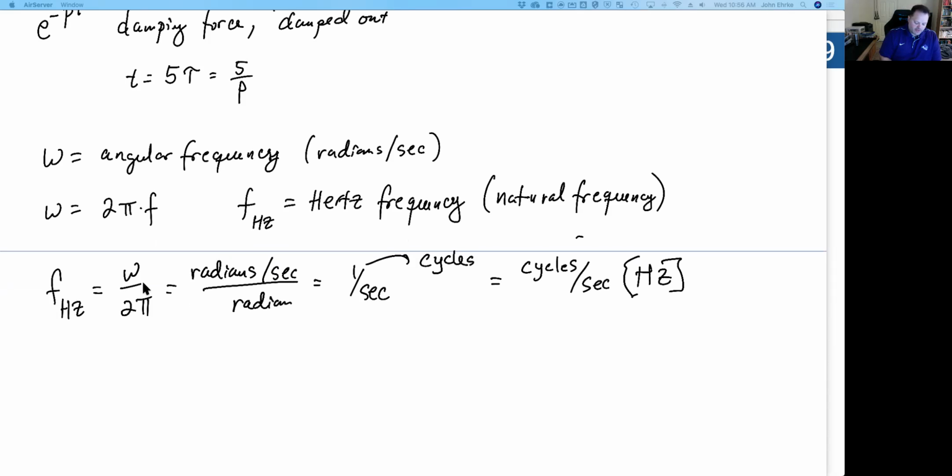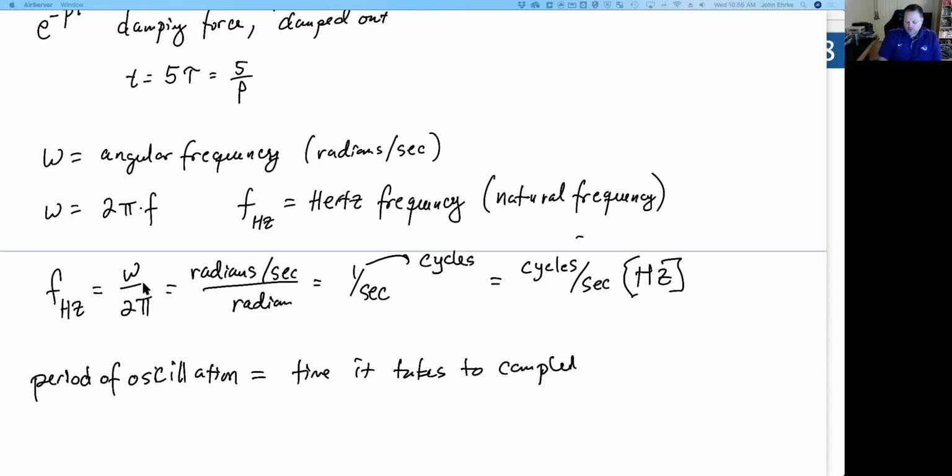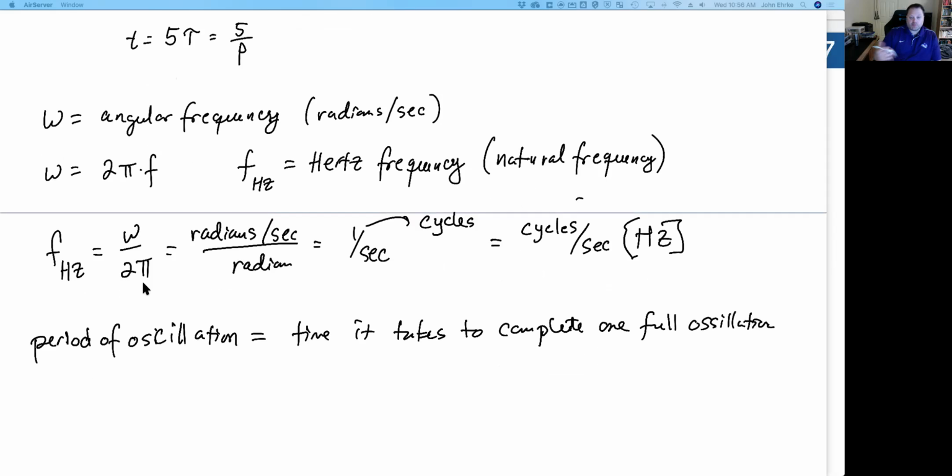You then want to talk about things like periods. The period of the oscillation is the time it takes to complete one full oscillation. So you can think of this as time per cycle, right? The time it takes to complete one full cycle.